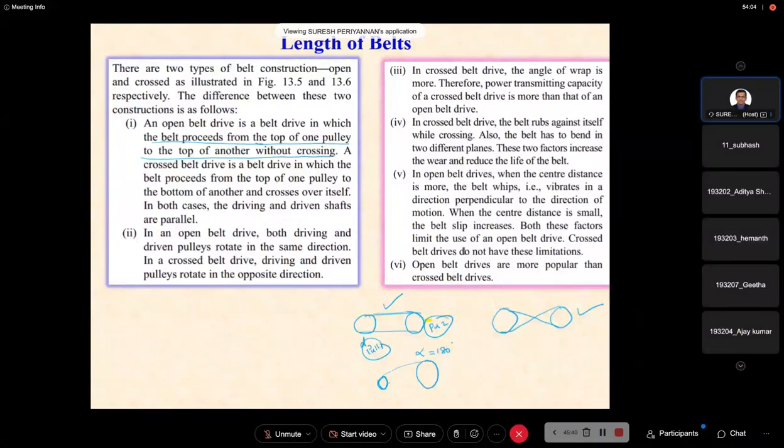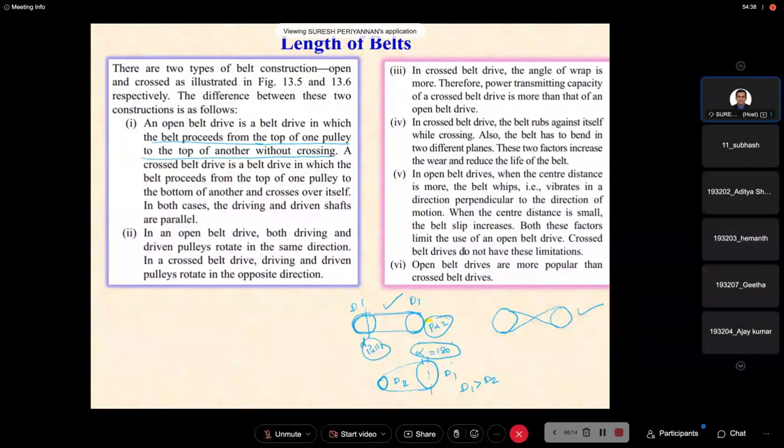Then what is happening? Now this is the angle of contact. In this case both pulleys are the same, so the belt contact angle on the pulleys is the same. When these two pulleys have the same diameter, and here d1 is greater than d2.